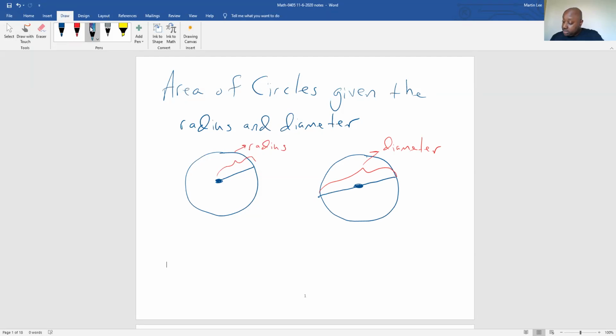So if you're working a problem and it gives you the diameter, you want to take half of it and then plug that into your formula. So write that out. If given the diameter, then divide it by 2.